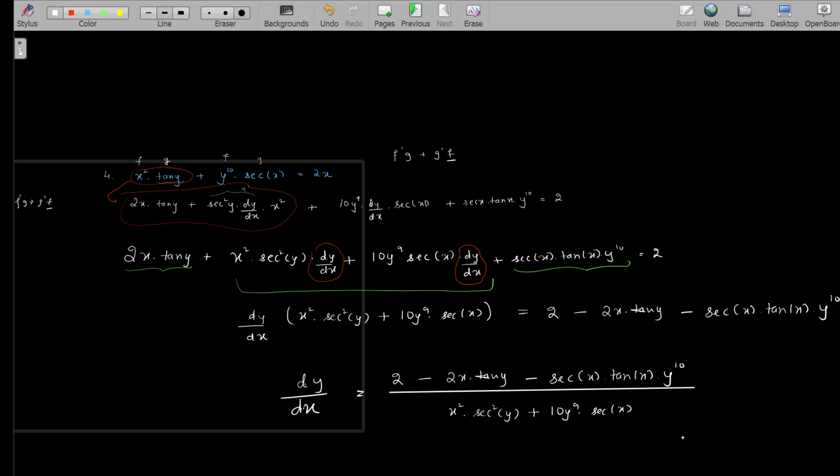Yes, that's it. This is the derivative of y with respect to x.